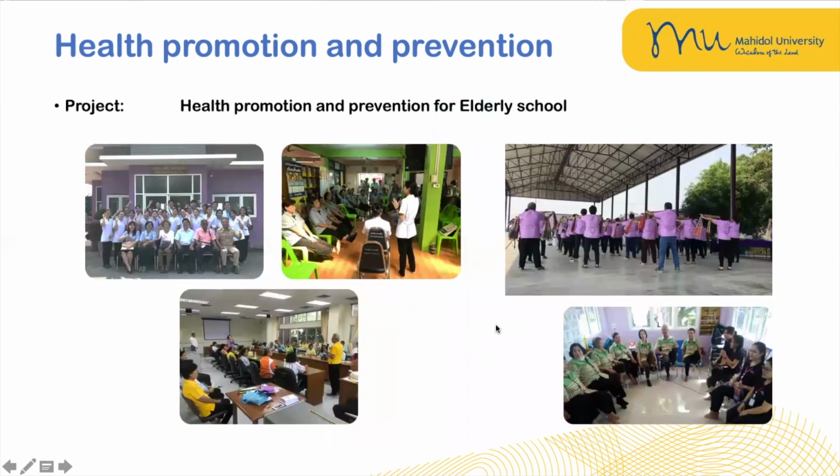Then another project is health promotion and prevention for the elderly school. Nowadays, the elderly population is projected to grow more and more every year. The elderly school first happened through the empowerment of health promoting hospitals or community hospitals in each sub-district.